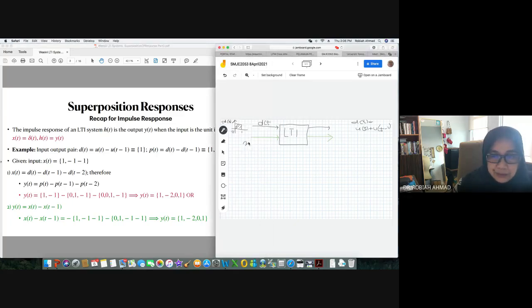Let's say we're given the input x(t), so we want to find what is y(t). First, we find the relationship of x(t) with a function of delta(t).